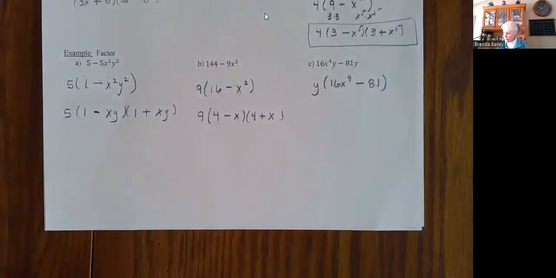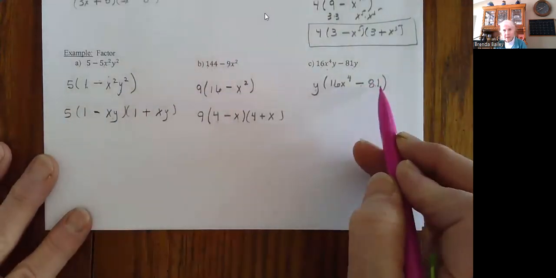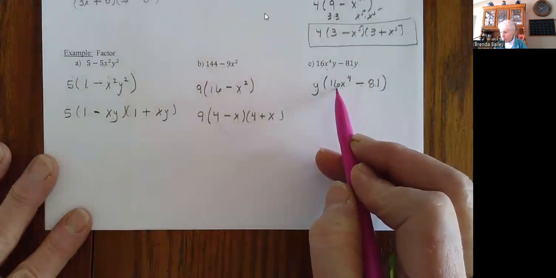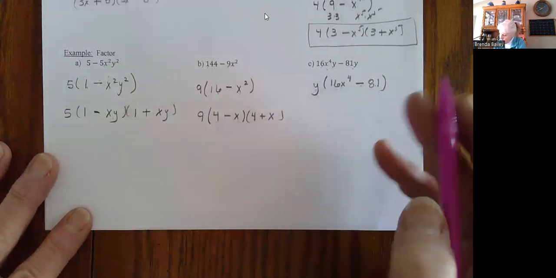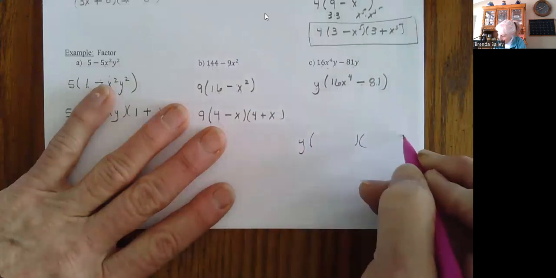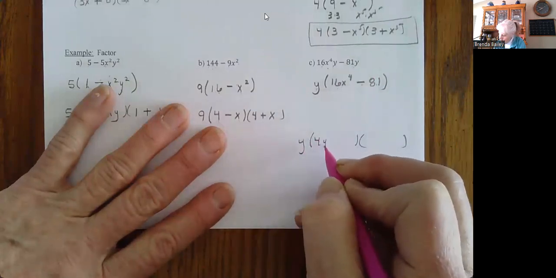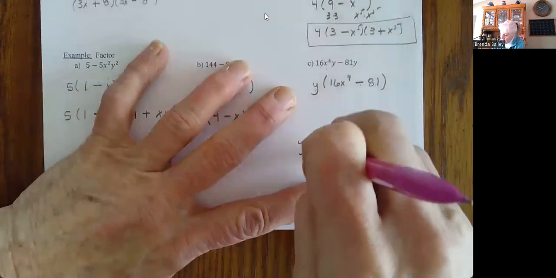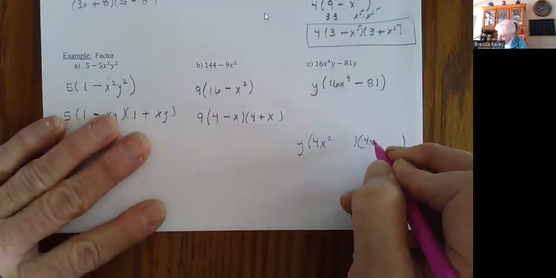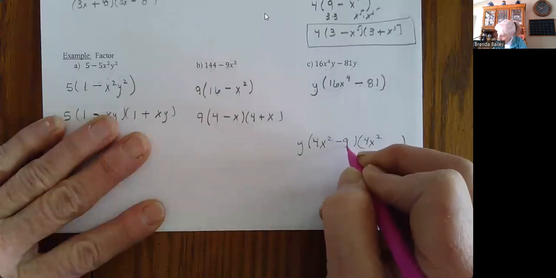Go back to the original. Is this a difference of 2 squares? Yes. 4x squared, 9 and 9. So here we go to factor it. 4x squared minus 9 plus 9.